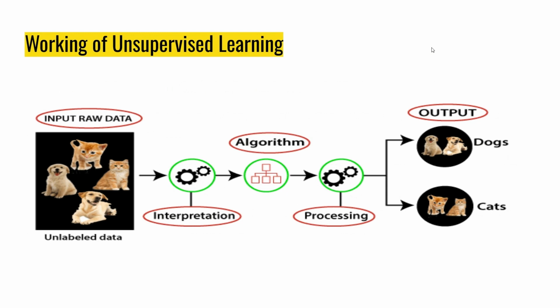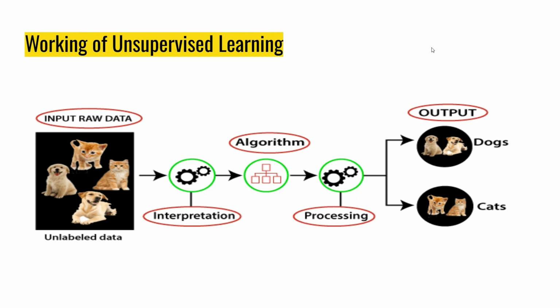We can understand the working of unsupervised learning using this diagram. Here we have taken unlabeled input data, which means it is not categorized and corresponding outputs are also not given. This unlabeled input data is fed to the machine learning model in order to train it.